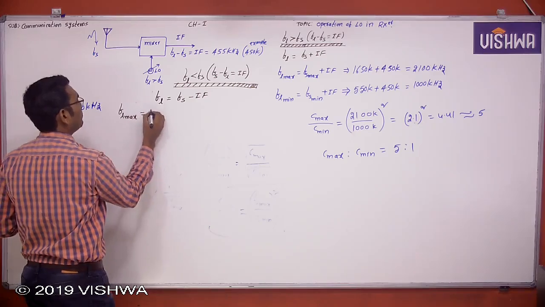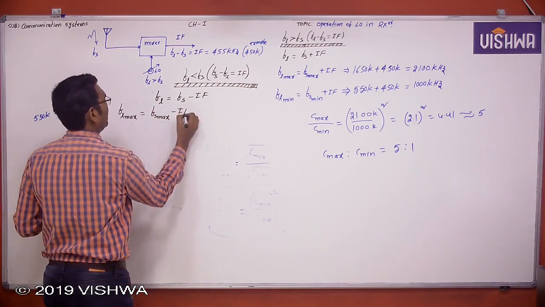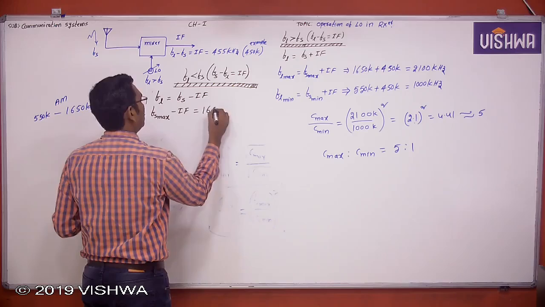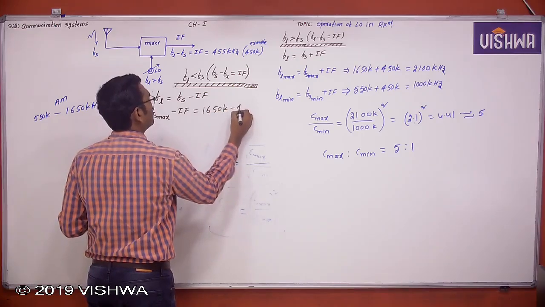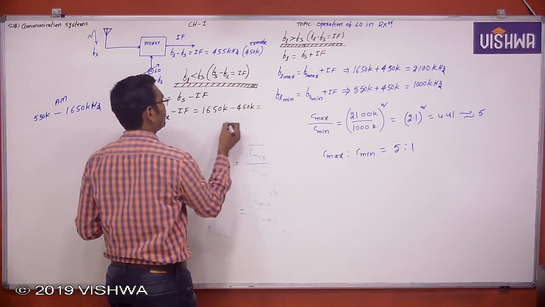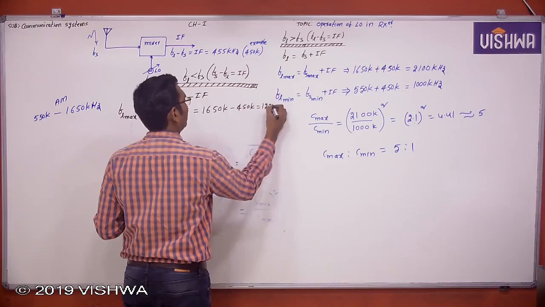Fl maximum is equal to Fs maximum minus IF, which is 1650 kilo minus 450 kilo, equal to 1200 kilohertz.